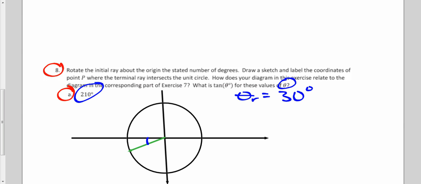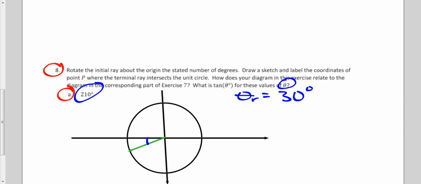Okay, riddle me this, Batman. What's the sine of 30? I'm using a calculator. 1/2 is the sine of 30, right? But what quadrant am I in with 210? I'm in the third quadrant, so my sign has to be negative.